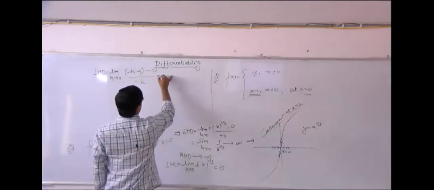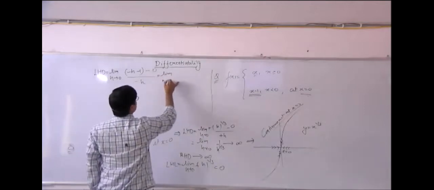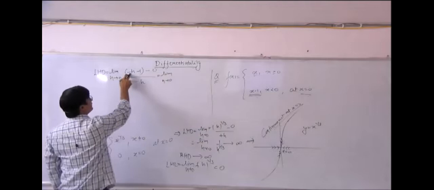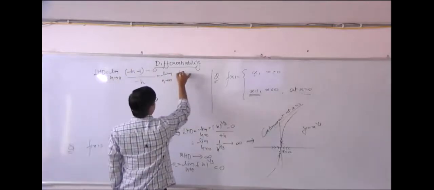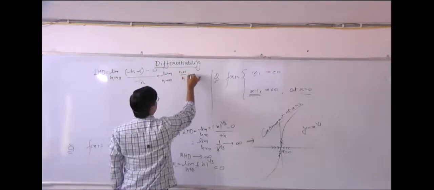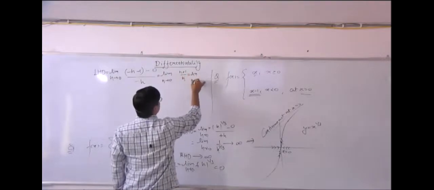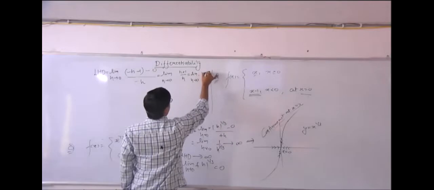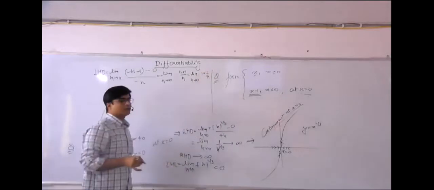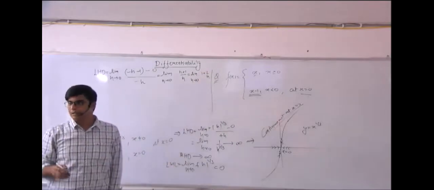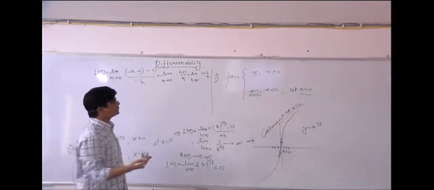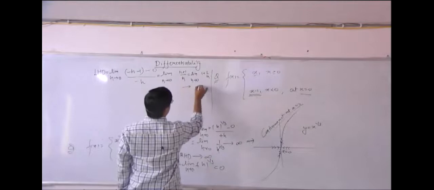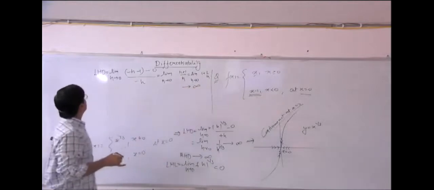So this will be limit h tends to 0, this minus sign, and I will take minus common from the numerator. I will get h plus 1 divided by h, which is limit h tends to 0 of 1 plus 1 by h. If I take the limit, 1 by h is tending to infinity, so this is tending to infinity. It is your left hand derivative.